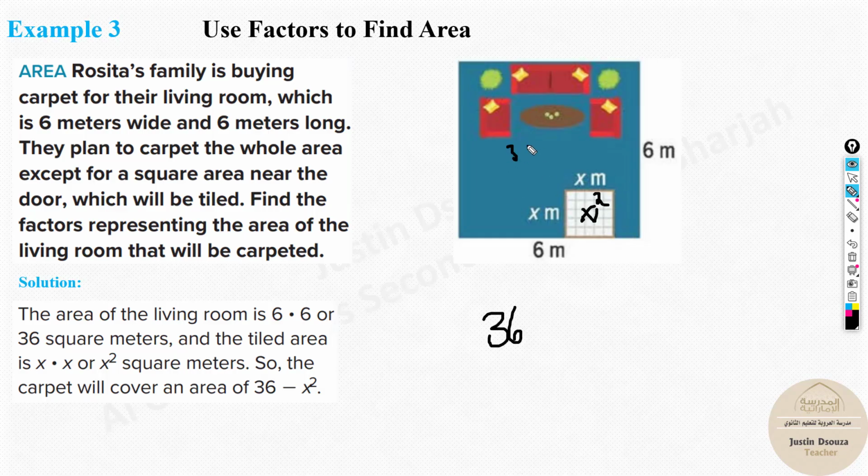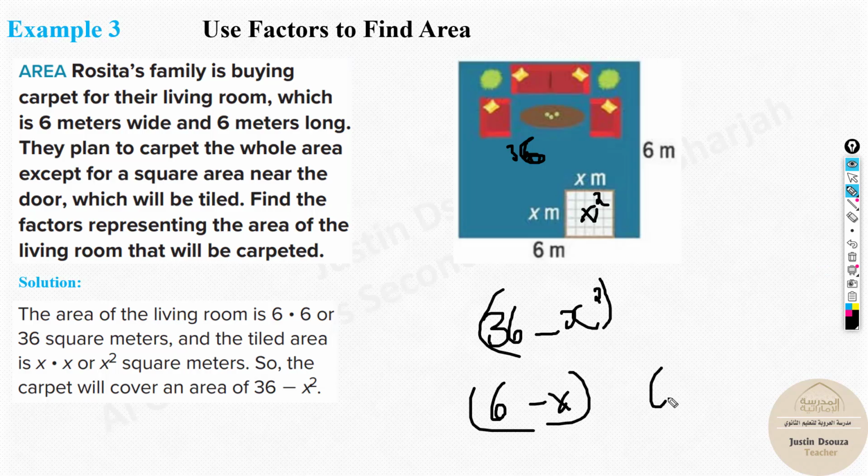The total area is 36, right? So all you need to do is 36 minus x squared. This is the equation. You need to get the factors. It will be 6 minus x, 6 plus x. This is the final answer.